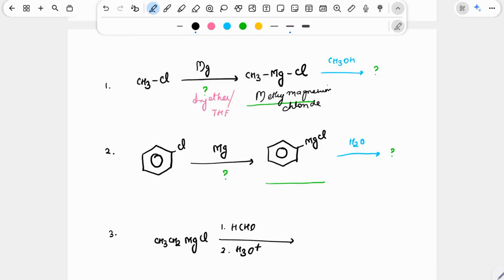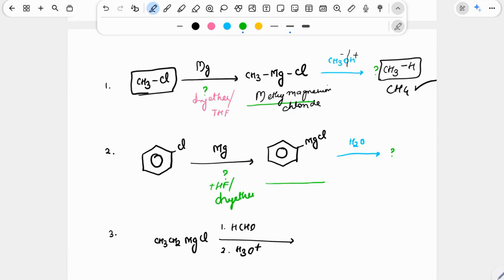Grignard reagent prepared. So next, it reacts with methanol. In methanol it is not stable, right? Because it will release H plus. So this H plus will replace this Mg plus. So we can get this product, nothing but methane. So methyl chloride converted into methane. So it's a method to prepare hydrocarbons from haloalkanes or haloarenes. Okay, next one. Chlorobenzene I have taken. What is the solvent?